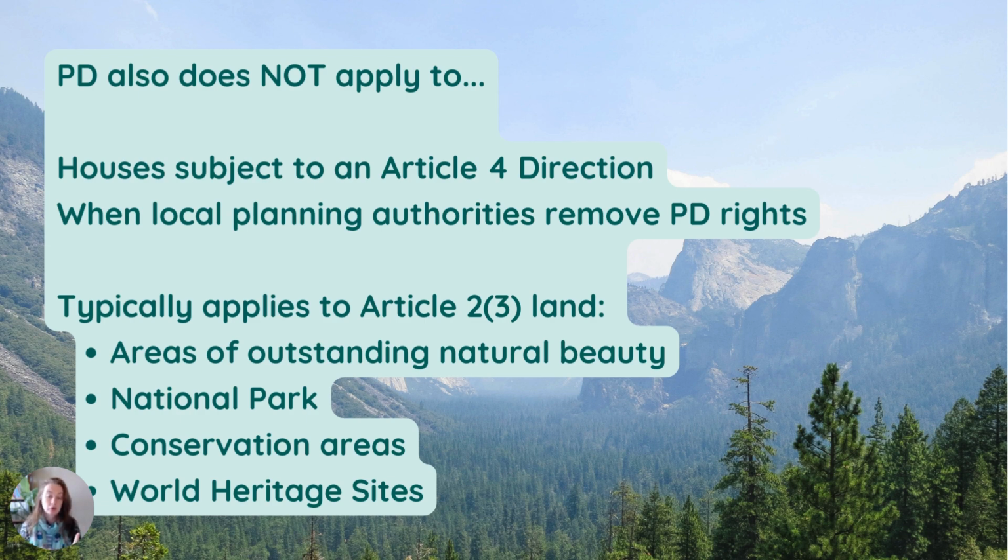We want to control any works that are taking place in this area to make sure that it's appropriate. And in those places, that permitted development right will be removed with an Article 4 direction. So if you're in any of those areas, you probably won't have permitted development rights. You'll need to check.